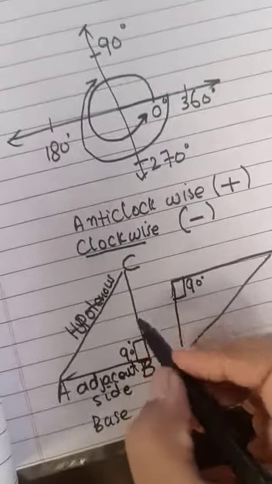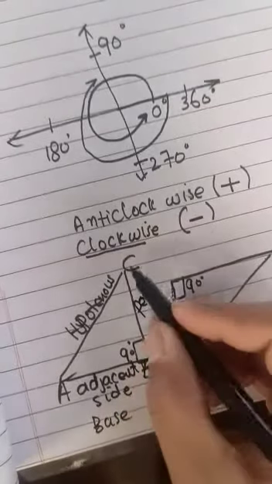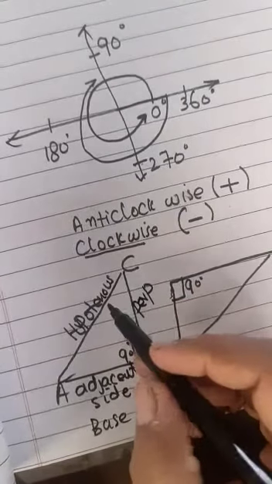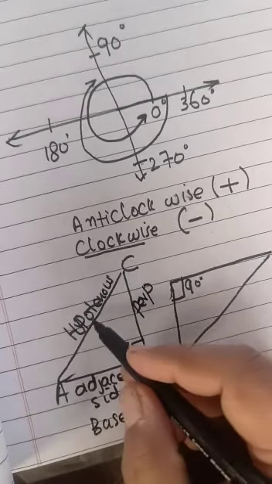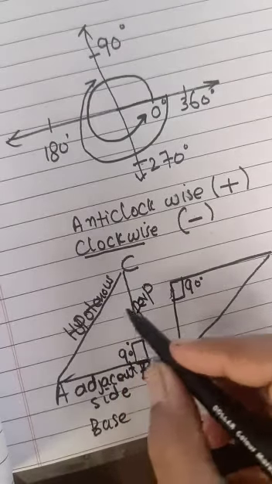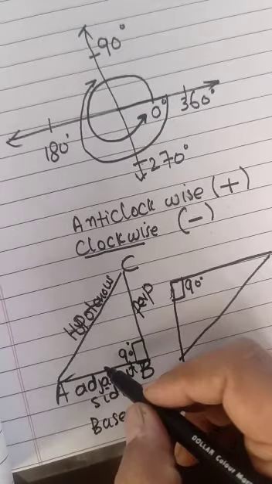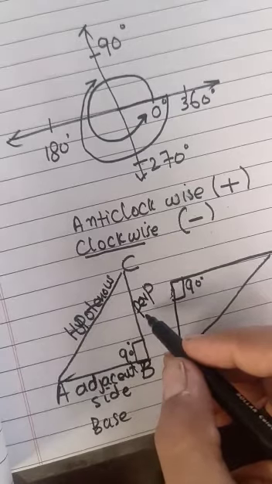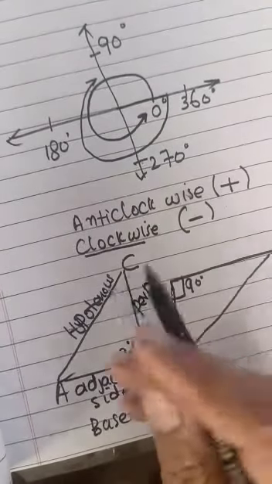And the last one remaining is the side perpendicular, which makes 90 degree. So in the right angle triangle there are three basic sides. One is the hypotenuse, जो कि 90 के सामने होगा. Then we have base or adjacent side, and the other we have is perpendicular. This is all about right angle triangle.